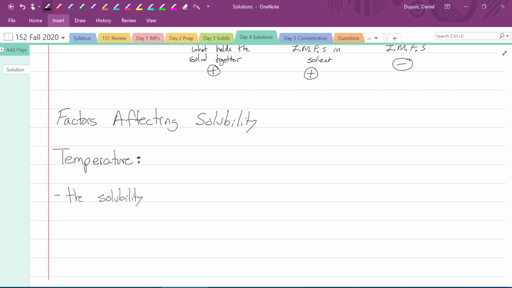So the amount of most solids that dissolve in water increases with increasing temperature.